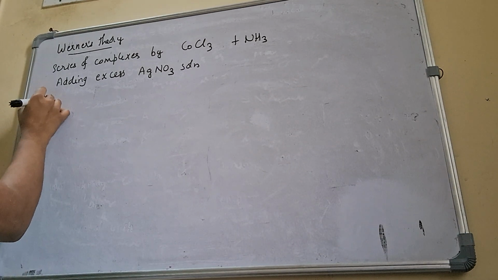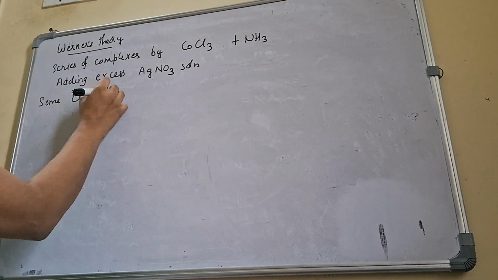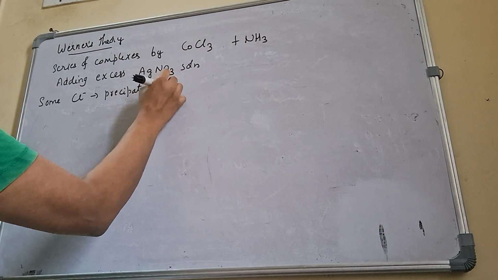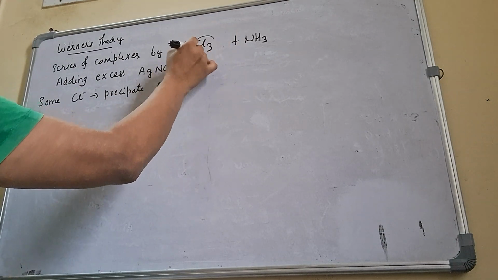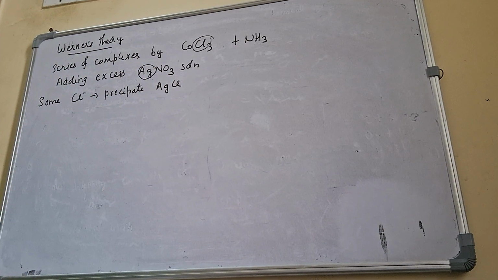Some of the chloride ions will precipitate as AgCl.